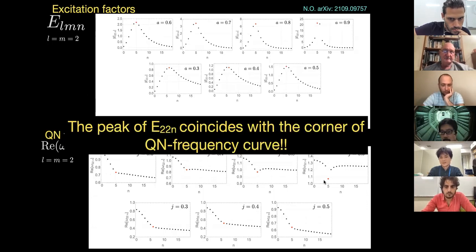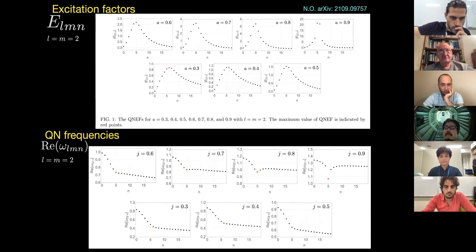Like this, here. As you can see, the real part of the quasi-normal frequencies has a kind of corner, right? And at the corner, the excitation factor takes the maximum value. This is a very interesting coincidence, but I don't know why.